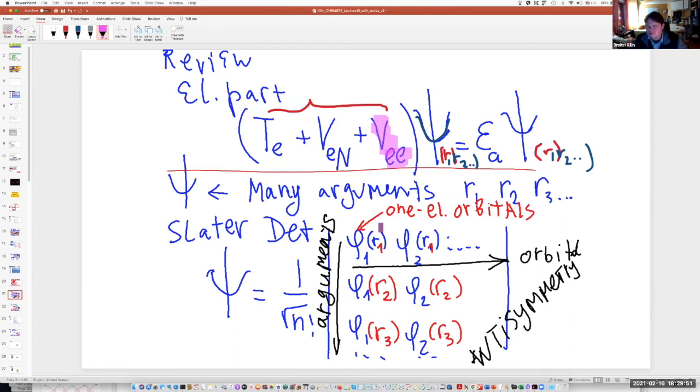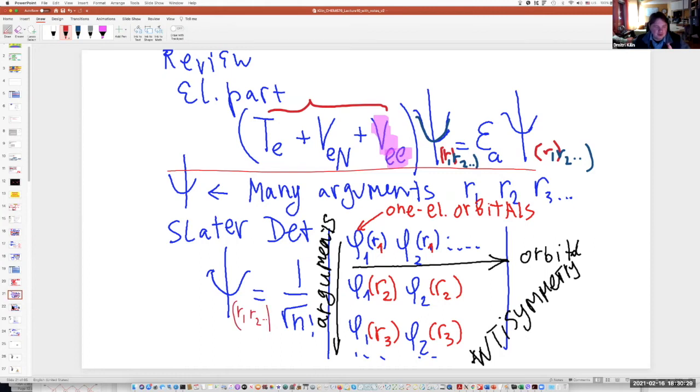The protocol, even if you have more than 2 electrons, is to form a matrix where along one axis we list all orbitals, all one-electron wave functions. Along another direction, we list all electrons, and then we take the determinant of this matrix. And then it will be the accepted protocol to build a multi-electron wave function that depends on several electrons, R1, R2, and so forth.